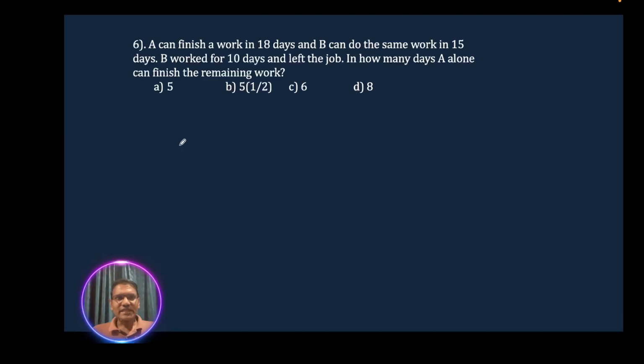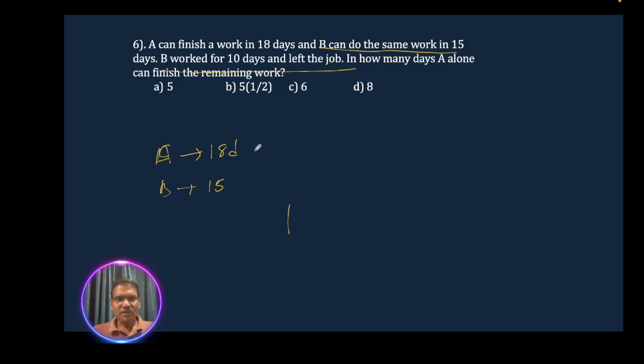Now the next question is, A can finish a work in 18 days, B can do the same work in 15 days. B worked for 10 days and left the job. In how many days can A alone finish the remaining work?